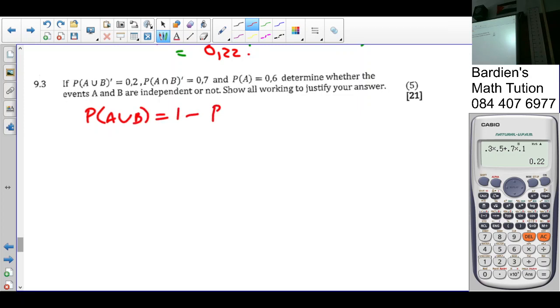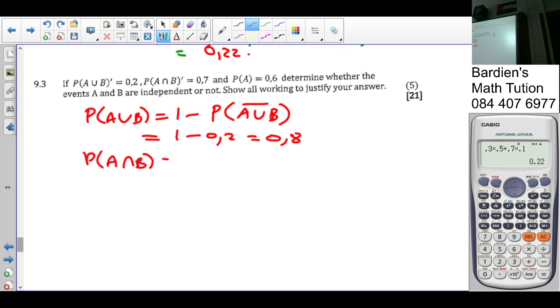Complementary rule, no? Yeah, complementary rule. So the probability of A union B is equal to 1 minus the probability of not A union B. So this should simply be 1 minus 0.2, which is 0.8. The probability of A intersection B is equal to 1 minus the probability of not A intersection B. Okay?